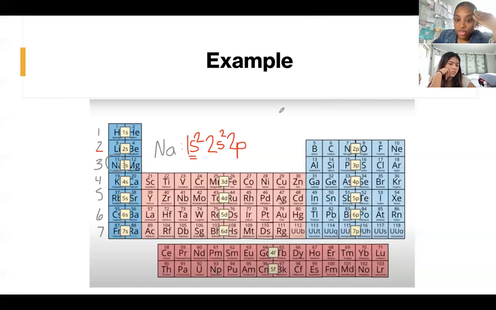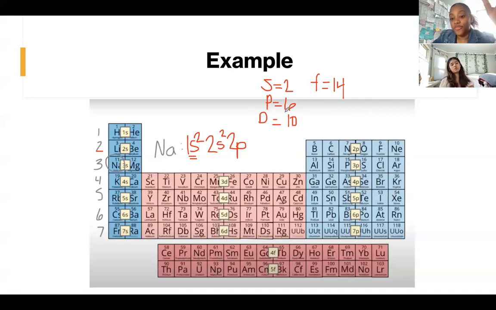So we said the S level holds 2 electrons, the P level holds 6 electrons, the D level holds 10 electrons, and the F level holds 14 electrons. That would determine what's on the top.